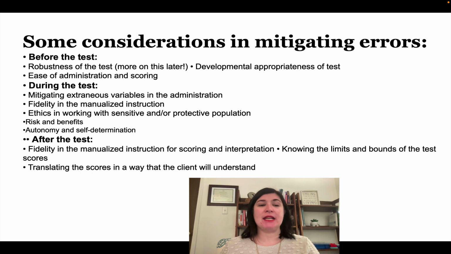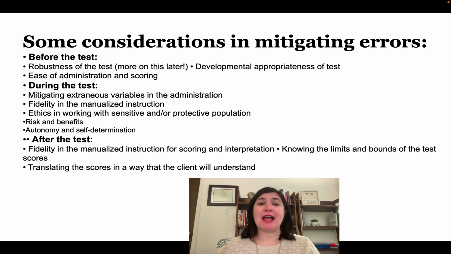During the test, mitigate any extraneous variables in the administration. Having fidelity in the manualized instruction, so making sure that it's consistent. Ethics in working with sensitive or a protective population. Helping reduce the risks and increasing the benefits, as well as recognizing autonomy and self-determination.